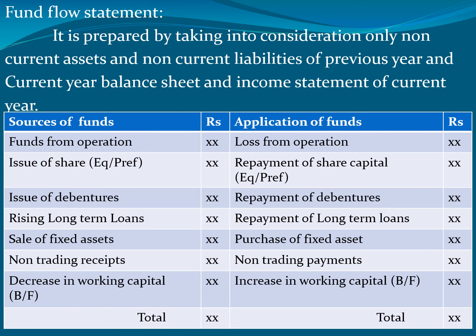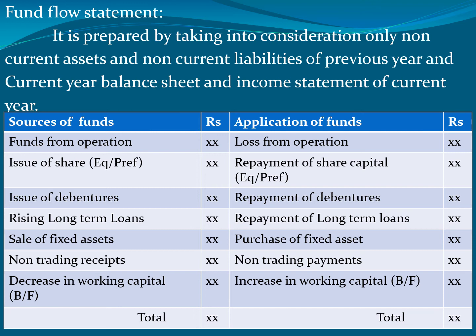If the application side is greater and the balancing figure comes on the sources side, it's called decrease in working capital. Decrease in working capital is not a source of fund, it is an application of fund, but it is still shown on the sources side because it is a balancing figure.